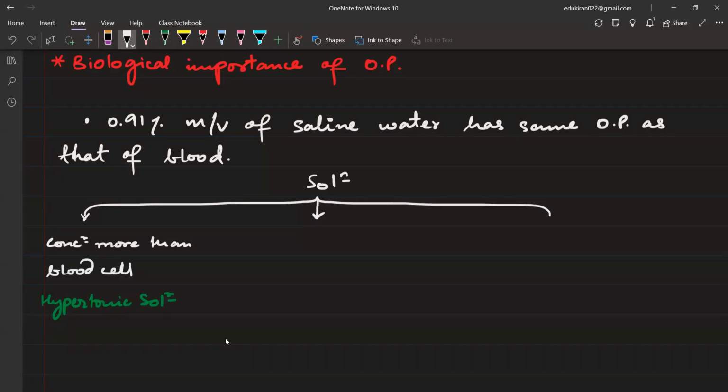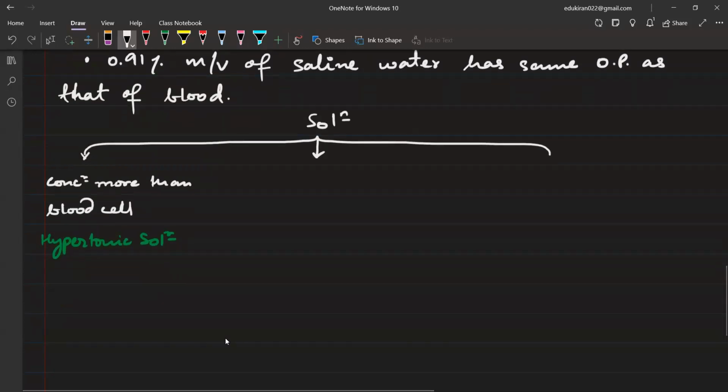Now, when a hypertonic solution is added in our bloodstream, please remember the concentration of the solution is high. When the concentration of the solution is high, that means solvent is less. So osmosis will take place from RBC to the solution.